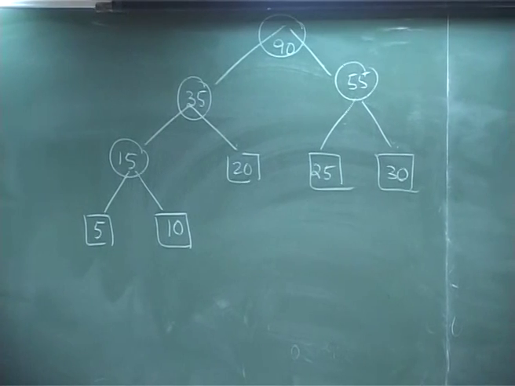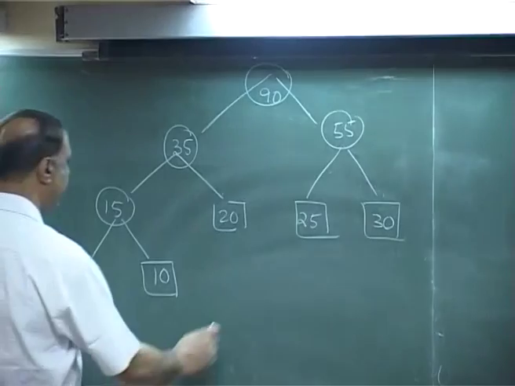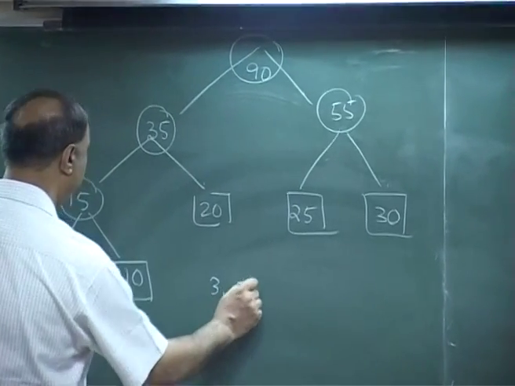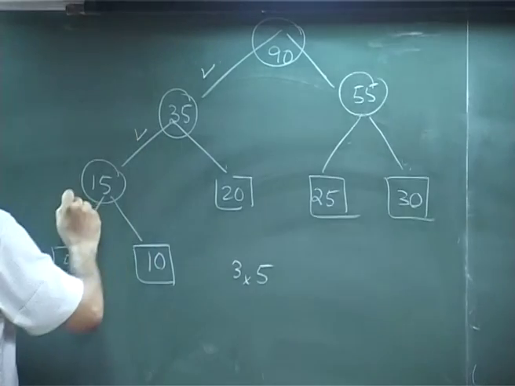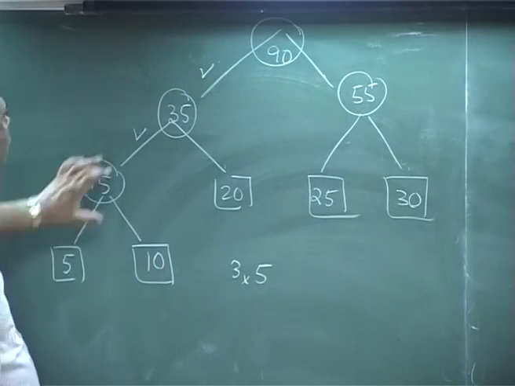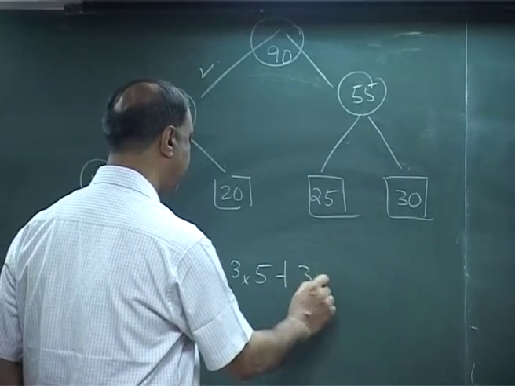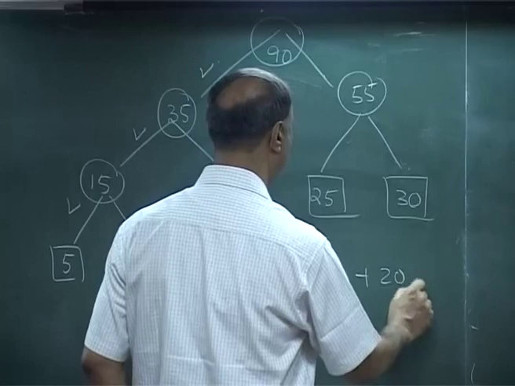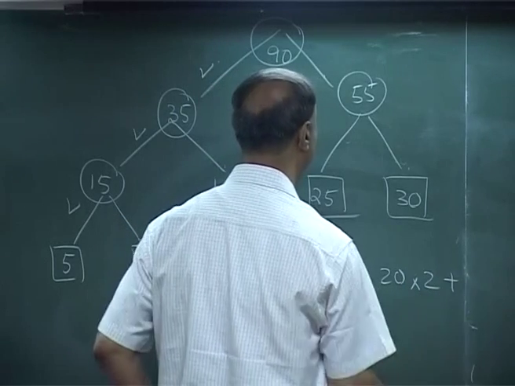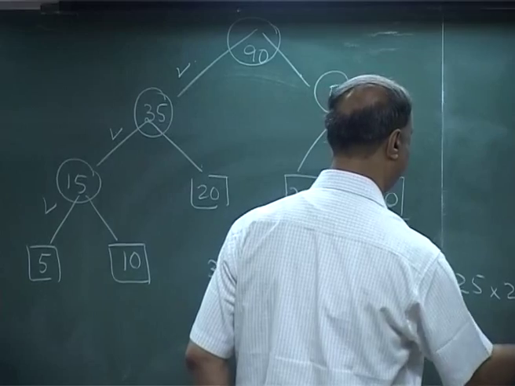Okay? So the number of record movements will be 3 times 5, because 5 has to move up to this. So 3 times 5 plus 3 times 10 plus 20 into 2 plus 25 into 2 plus 30 into 2.